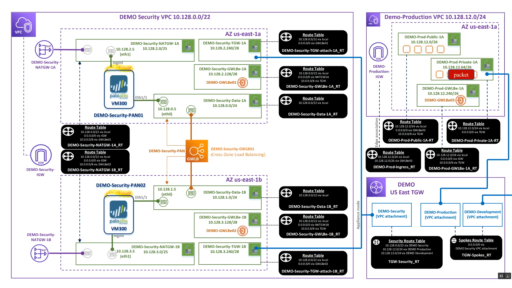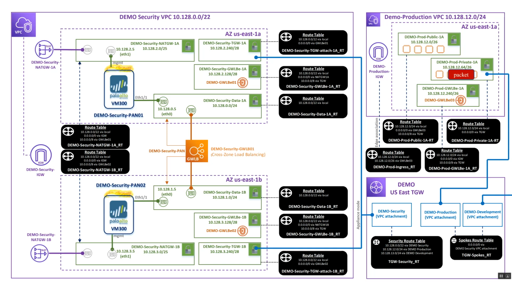Outbound meaning using the internet, not east to west, not going to on-prem, although this would fill the same use case, but in this scenario, I'm talking about connecting to either third parties that are using a public IP address, or maybe I'm going to get a Windows update or a Linux update, or connect to GitHub or whatever, right? So what happens here?